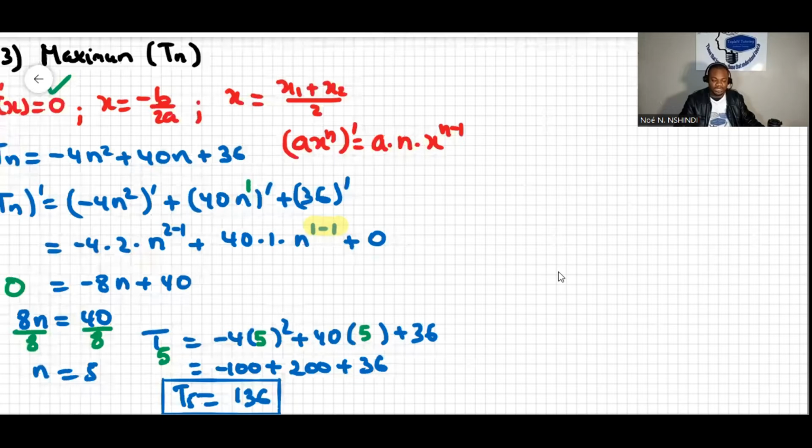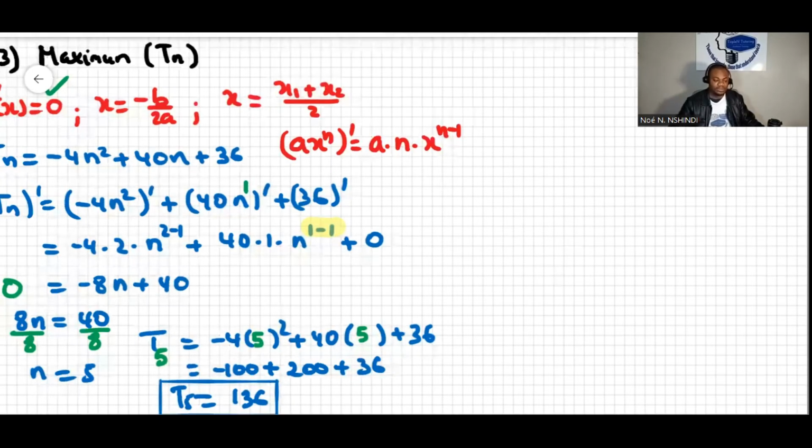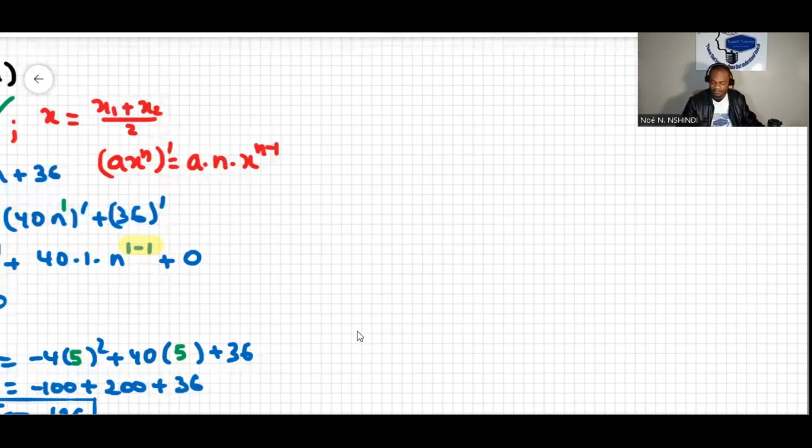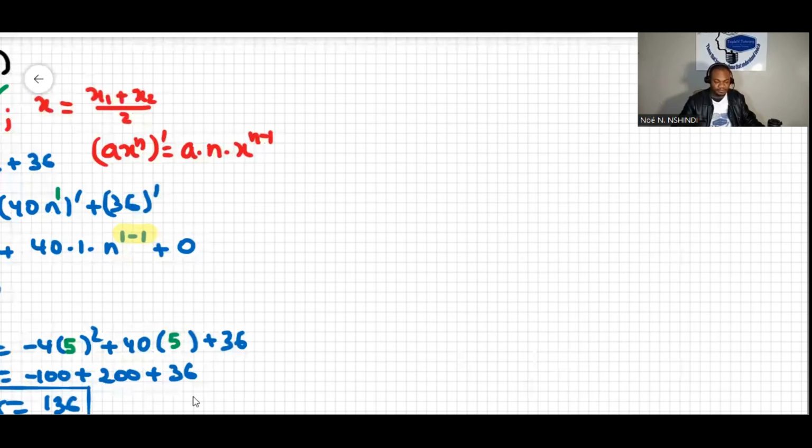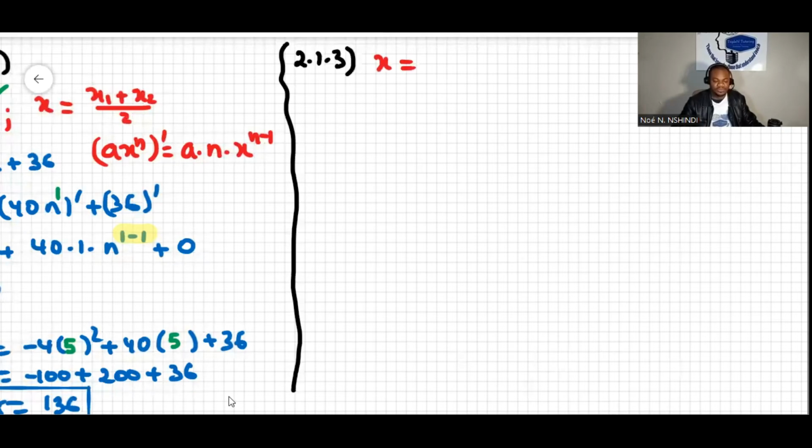Someone else may use the other formula, the line of symmetry. That was method 1. Method 2 would be, still for 2.1.3, the line of symmetry, where x is equal to negative b over 2a.